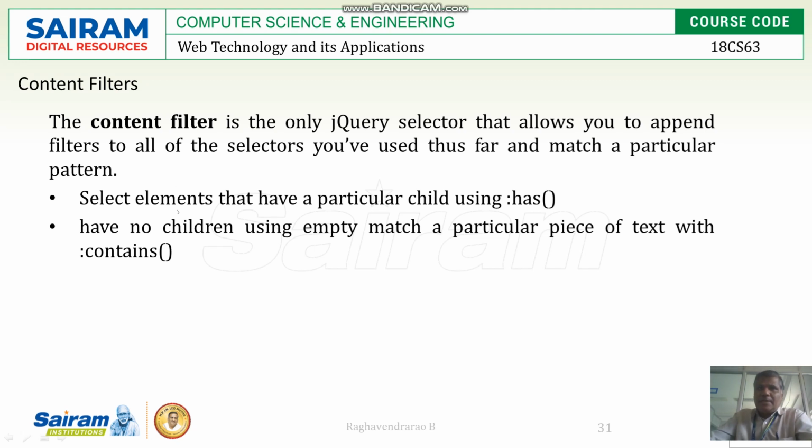Select elements that have a particular child, has a child, so the name, specification, tags that we will use. For that, has will be used. Then to find elements that have no children, we use empty. To match a particular piece of text, we use contains. So for example, a text is there which contains this particular text.